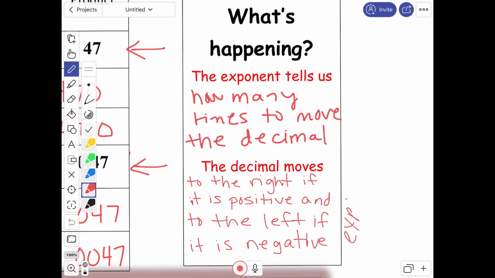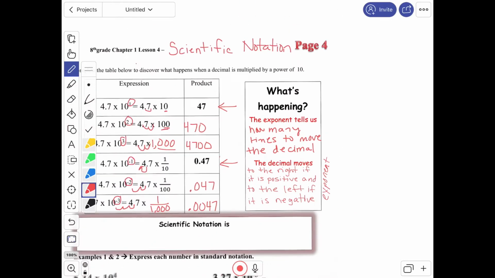And again, we were talking about the exponent. If the exponent is positive, it moves to the right. If it's negative, it moves to the left.